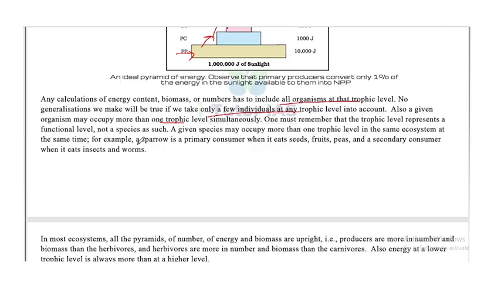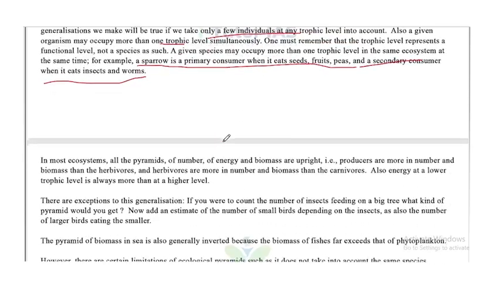For example, a sparrow is a primary consumer when it eats seeds, fruits, peas, etc., and it's a secondary consumer when it eats insects and worms. So it occupies two trophic levels.